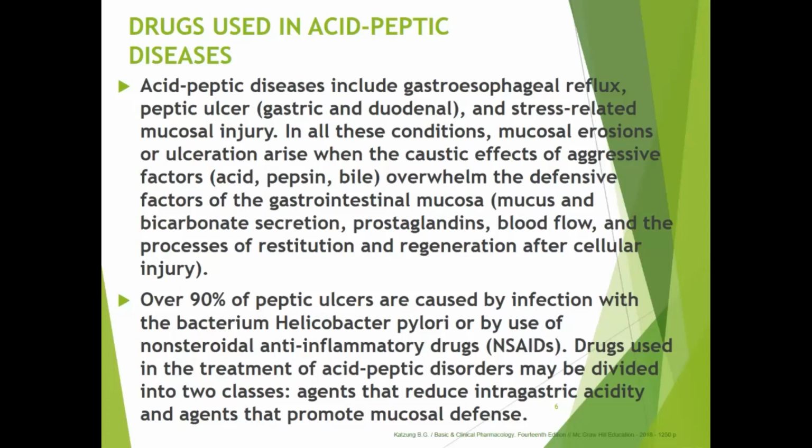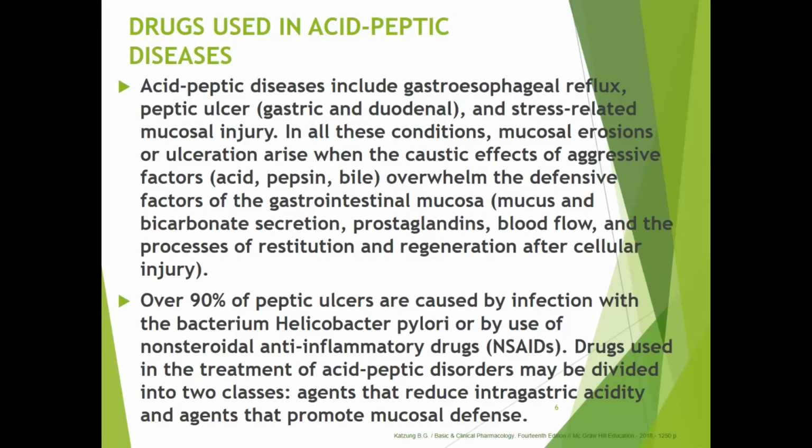Acid peptic disease includes gastroesophageal reflux, peptic ulcer, and stress-related mucosal injury. In all these conditions, mucosal erosions or ulcerations arise when the caustic effect of aggressive factors, acid, pepsin, bile, overwhelms the defensive factors of the gastrointestinal mucosa.